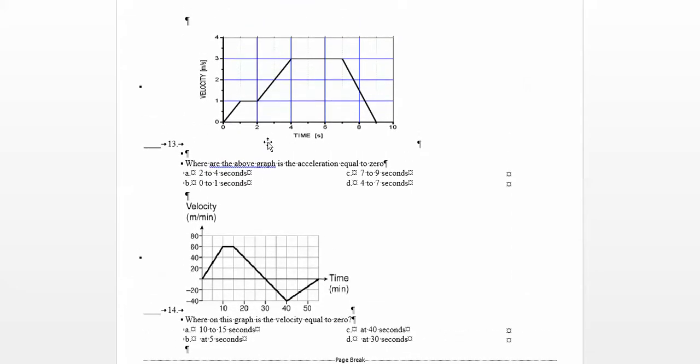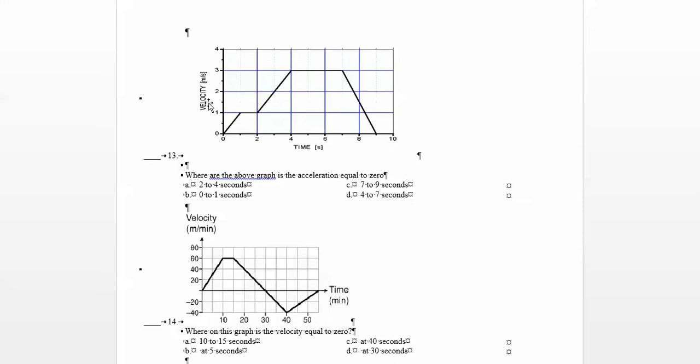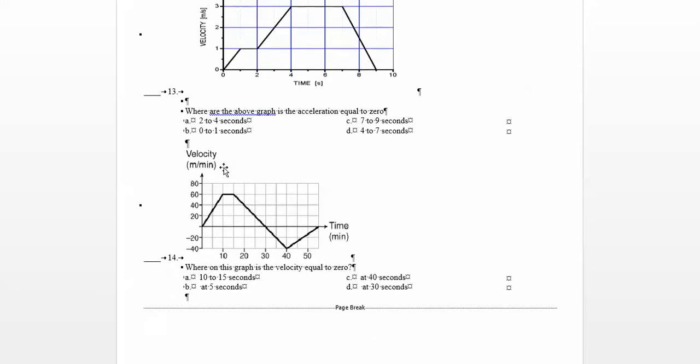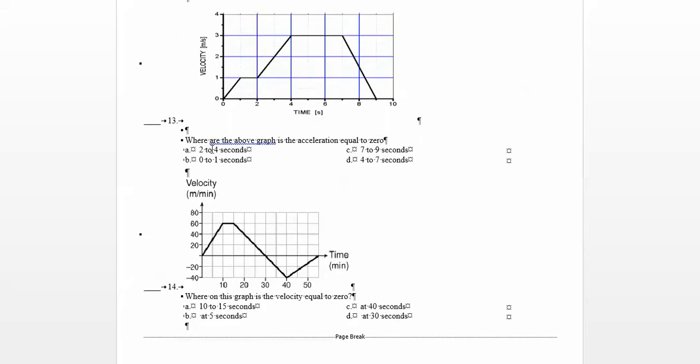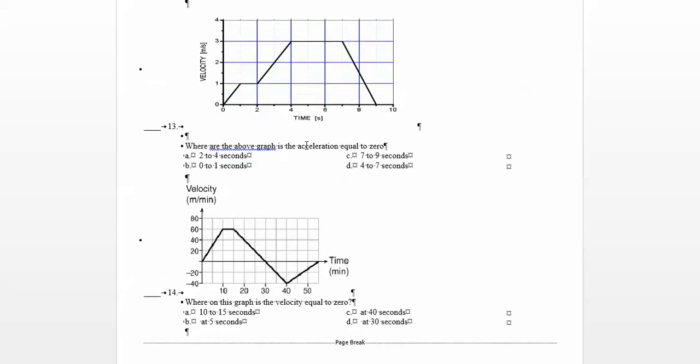That's okay. Another velocity versus time graph. I don't know if we're going to have this many velocity versus time graphs because we spent most of our time on constant velocity. Where is the acceleration equal to 0? Well, on a velocity versus time graph, if there's no change in velocity, the acceleration is equal to 0 here, and it's equal to 0 here.